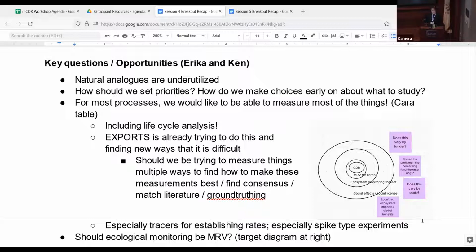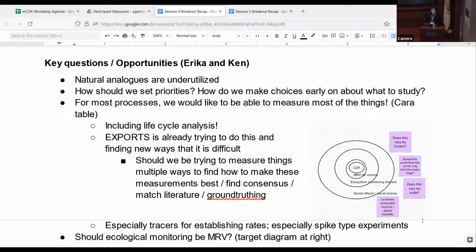But also on the other hand, maybe for most processes, we would like to be able to measure most of the things. So we would like to be able to measure biological and chemical parameters. One example would be using tracers for establishing rates or spike type experiments. There's programs already trying to do this, and there's opportunities to find new ways to do it. And also there's a question of, should we be trying to measure things in multiple ways?